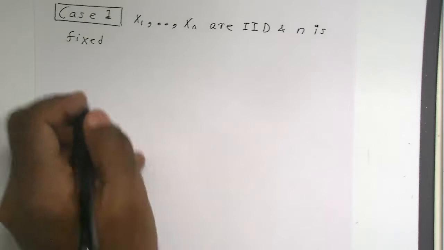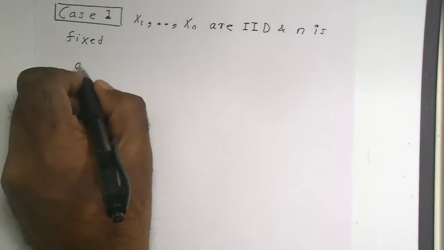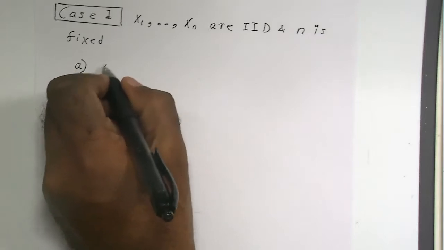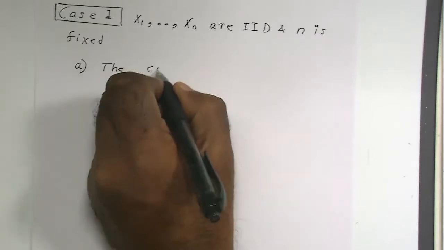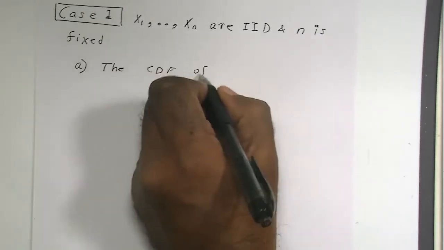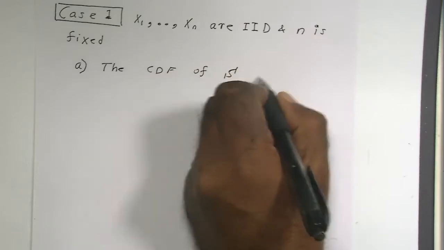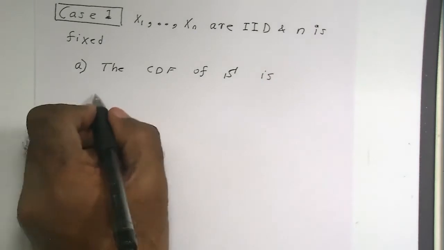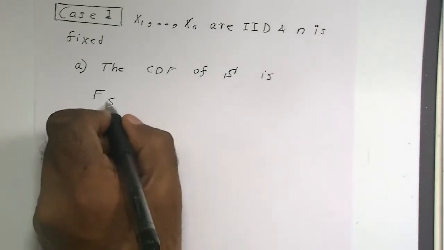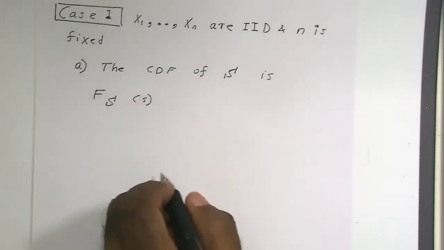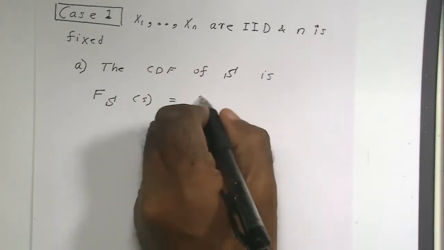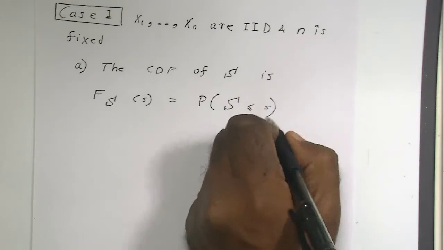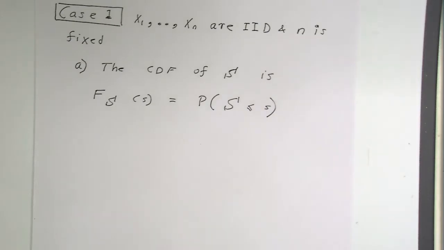So starting with S, the CDF of S is this, which is the probability that capital S is less than or equal to little s.